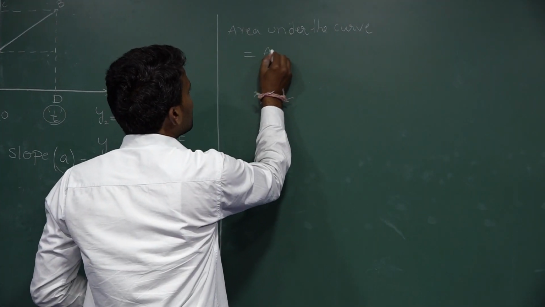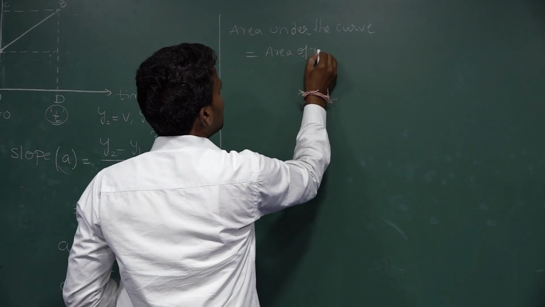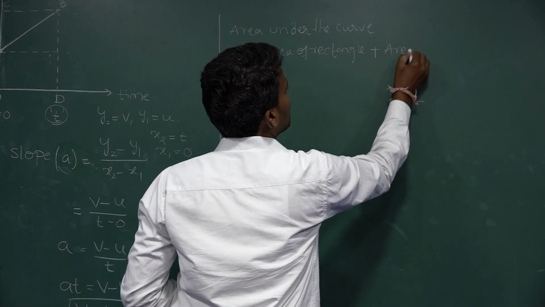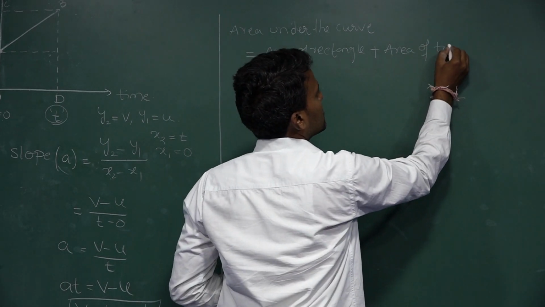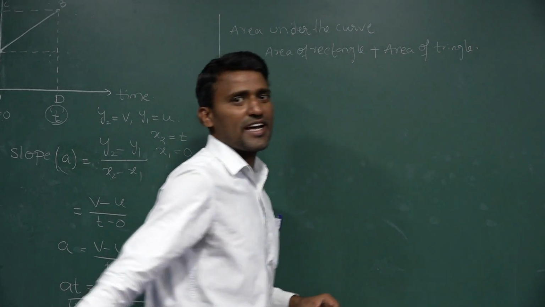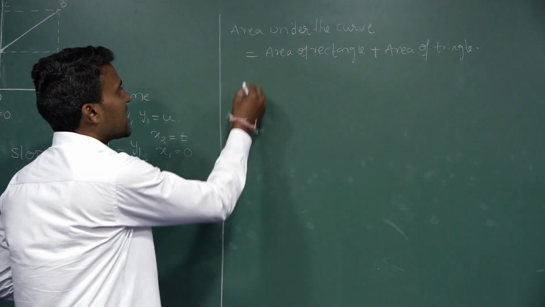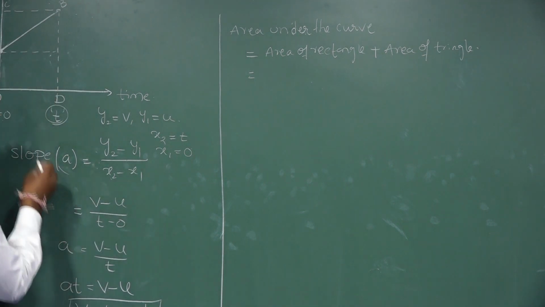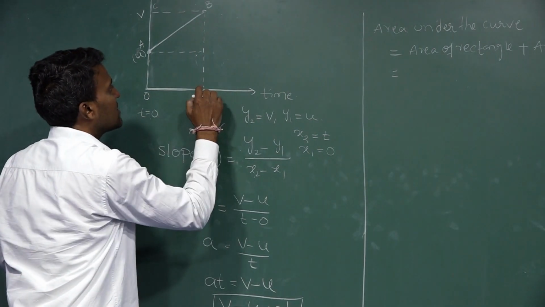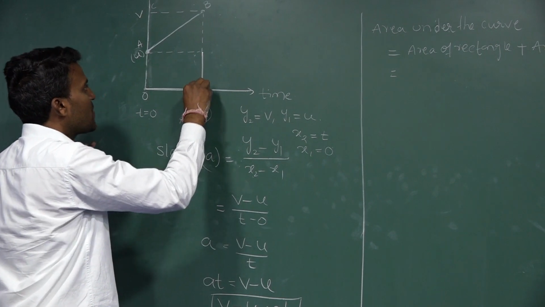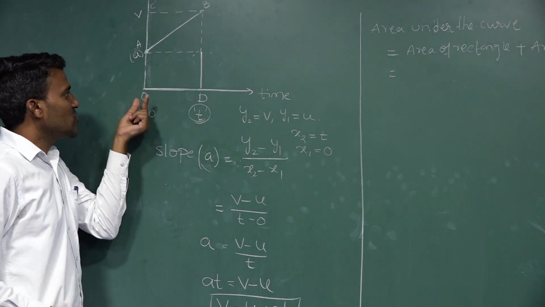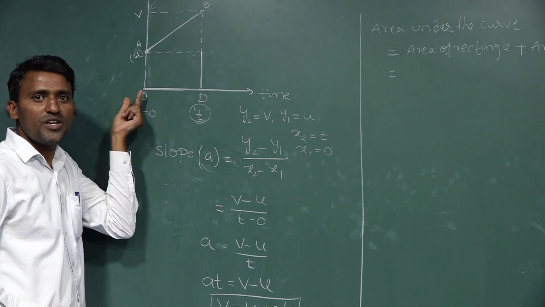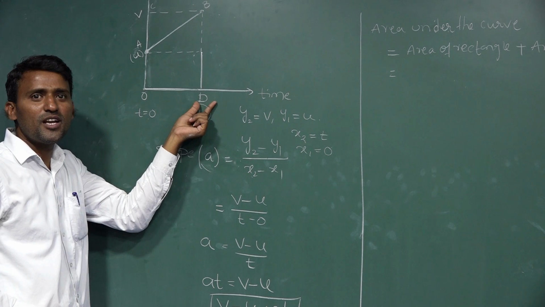Area under the curve is equal to the area of the rectangle plus the area of the triangle. Now what about the area of the rectangle? It is nothing but length into breadth. Here, O is the initial position, D is the final position.